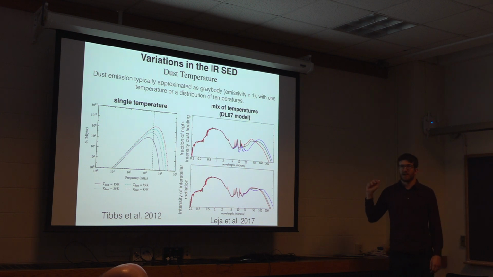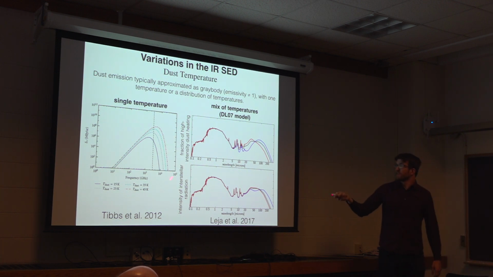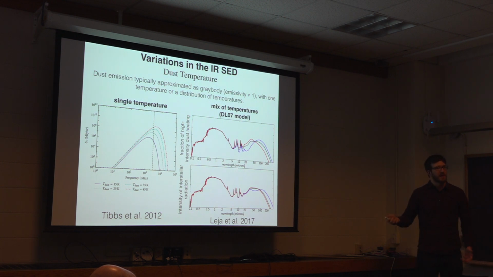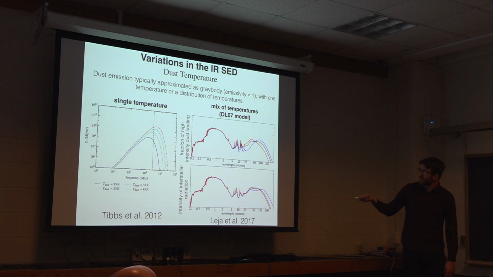So dust emission, there's a couple different things controlling the shape of the IR SED. The main one is the distribution of dust temperatures here. So you can model this as a single temperature kind of thing, where all the dust has one temperature. Or you can use some physical model for how you think the dust is distributed throughout the galaxy, and then how the starlight is incident on that dust, the intensity of the starlight. So for example, the Draine and Li model has a couple of parameters here.